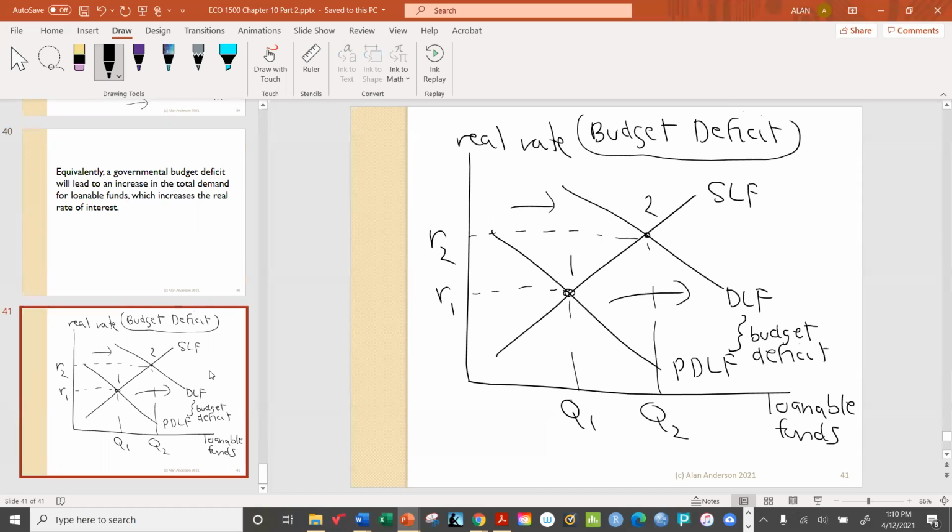So all of a sudden, there's this huge surge in the demand for loanable funds caused by that deficit. And the predictable response is a higher rate of interest but more loanable funds. So this is what people worry about when the government keeps running up deficits, that it'll push up interest rates, which reduces the amount of consumer spending that takes place as well as the amount of investment spending.